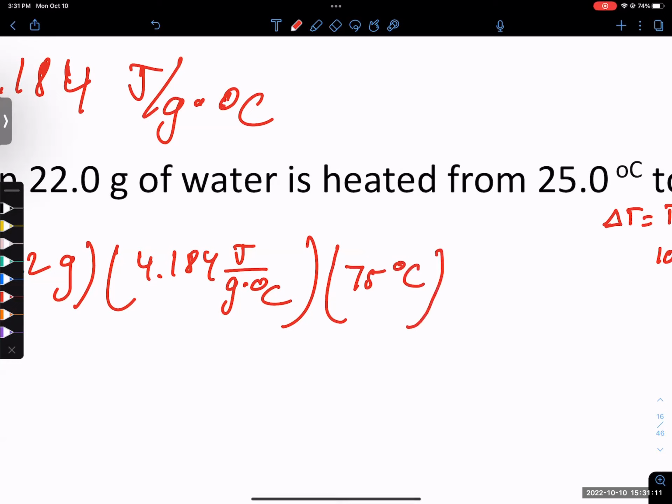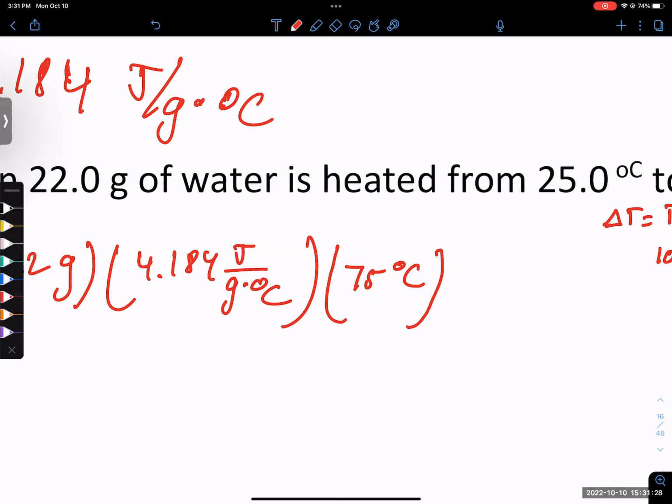Wait, so Q can be negative? Yeah, it can. You'll see that a lot actually in calorimetry, because if heat's negative, that means heat's being lost by the system. Endergonic is delta G, I know, I was just making a joke. Exothermic.